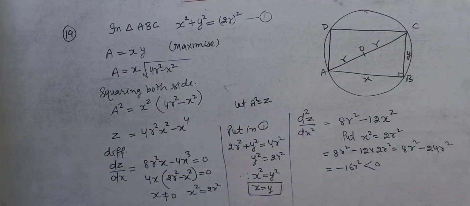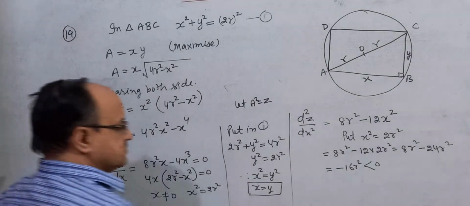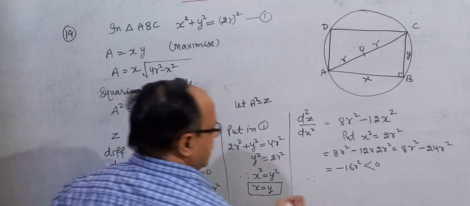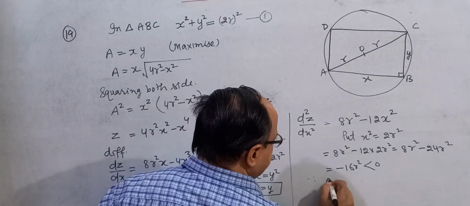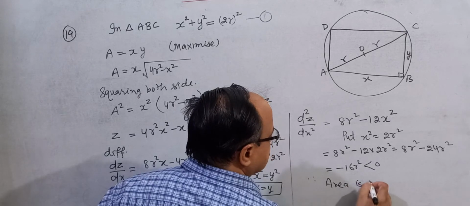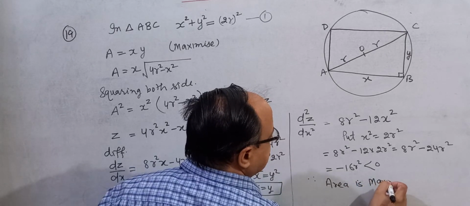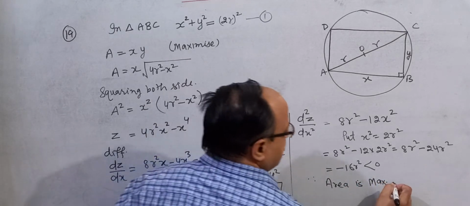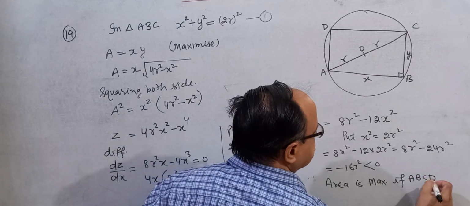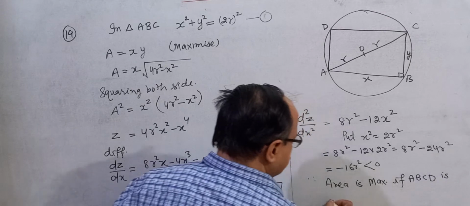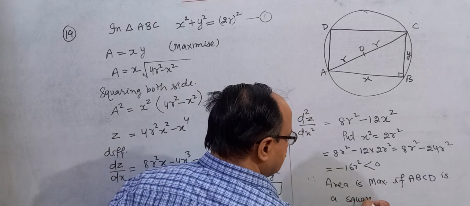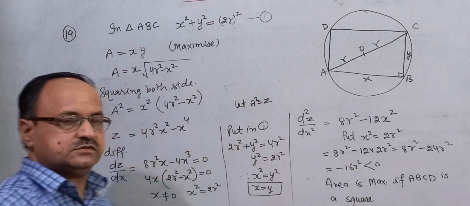If the second order derivative is less than 0, therefore you can say the area is maximum if ABCD is a square. Clear?